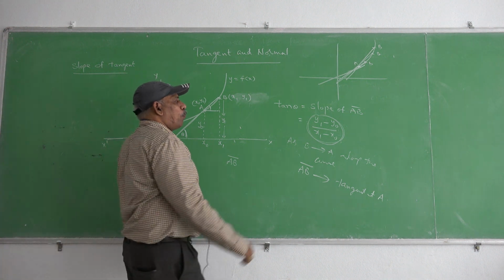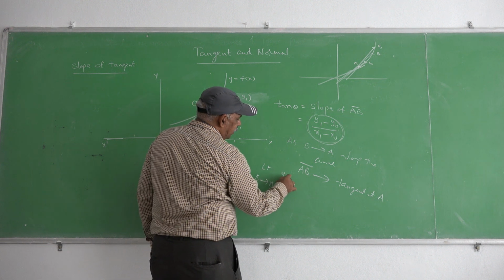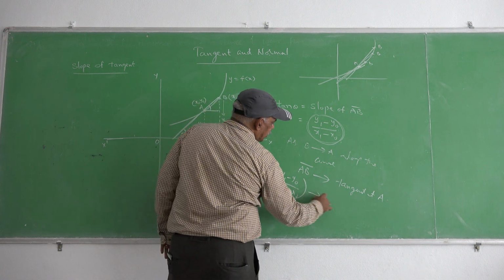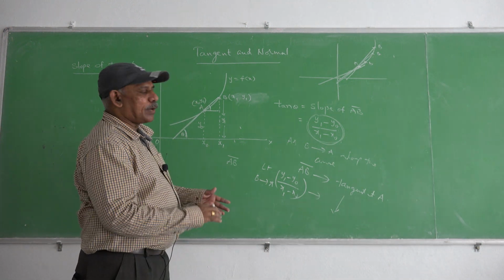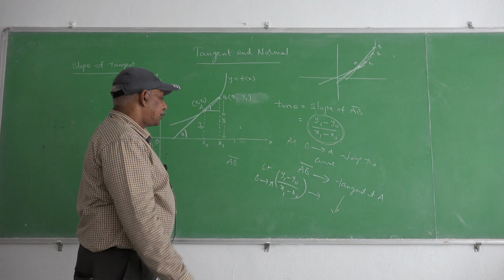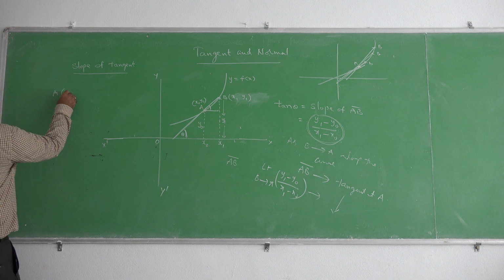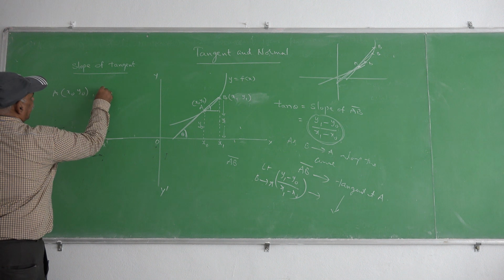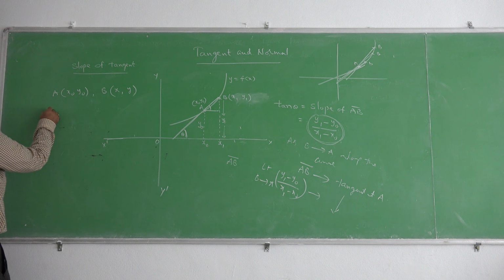As B goes to A, (y1 minus y0) by (x1 minus x0) becomes the slope of the tangent at A. Suppose A is (x0, y0) and B is given as (x, y), a general point on the curve.